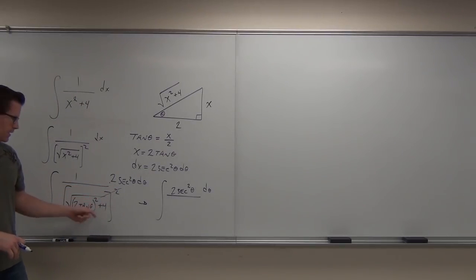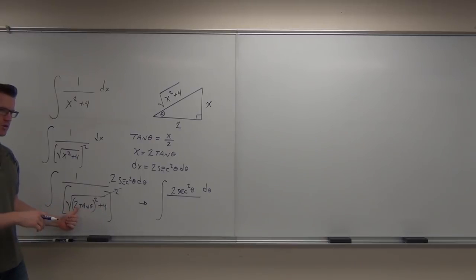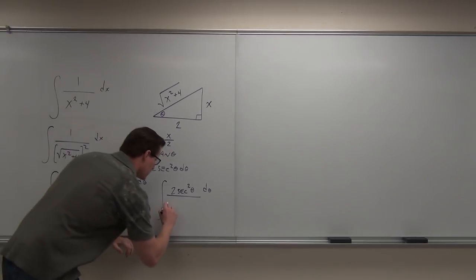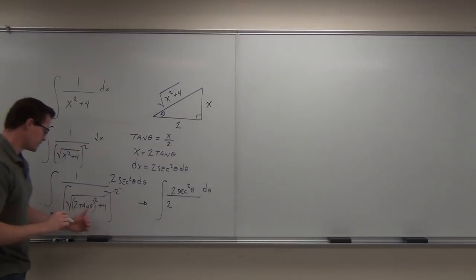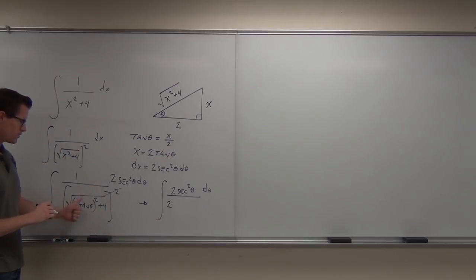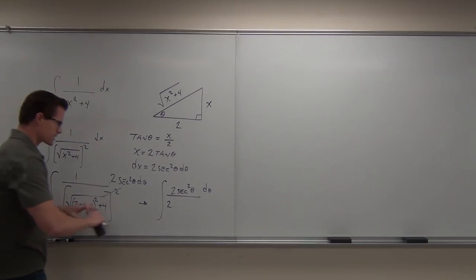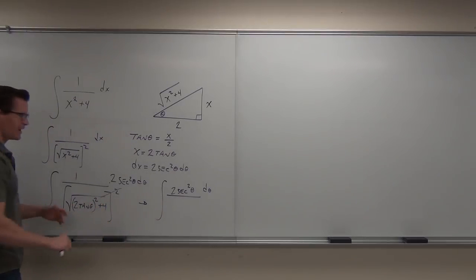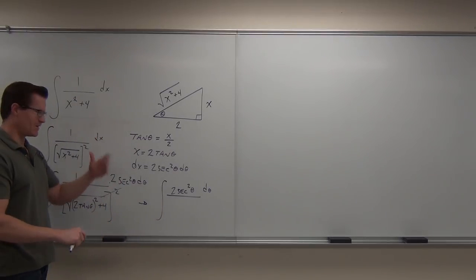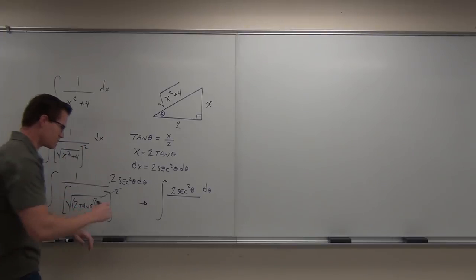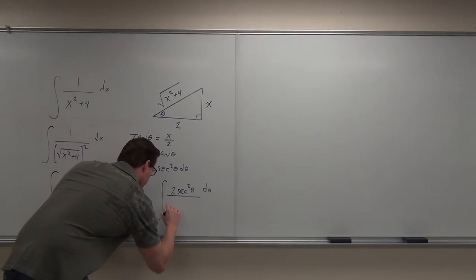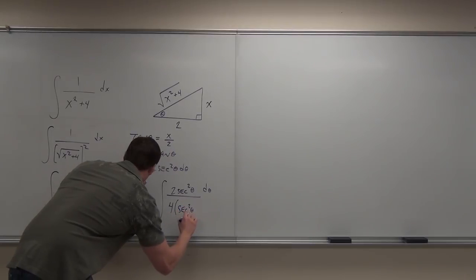You follow? Mm-hmm. I'd pull out the 4. I take a square root of 4, I'm going to get 2. I'm sorry, I wouldn't have a square root anymore. The square root's gone. I made a mistake. This is why I don't like to do the square root, because it's gone now. So maybe I can write this and you guys can follow me from here. We'd pull out the 4, and we'd have secant squared theta.